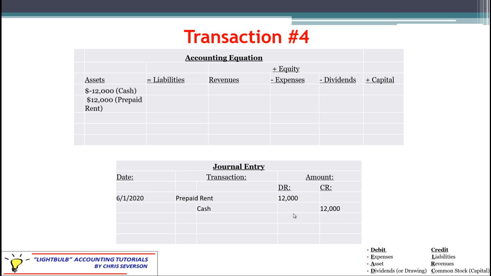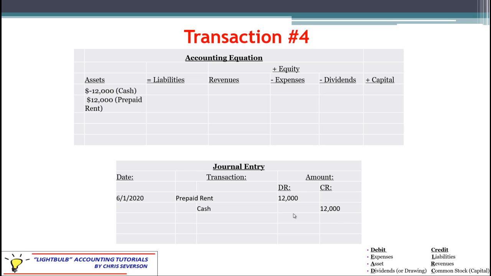Now, all of these assets that we've been increasing, the point is later on, we're going to have to show that, hey, we've really used some of this up. At the end of the next period, we've used something up, and it's no longer an asset. Instead, it would be an expense. So this first entry is the initial entry to record the payment, but later there will be an entry to move it to expense. Now remember the two methods I talked about.